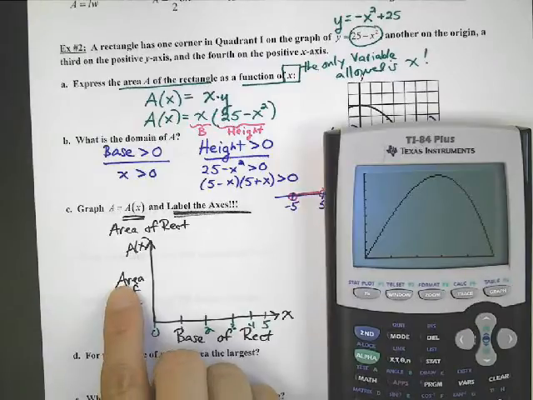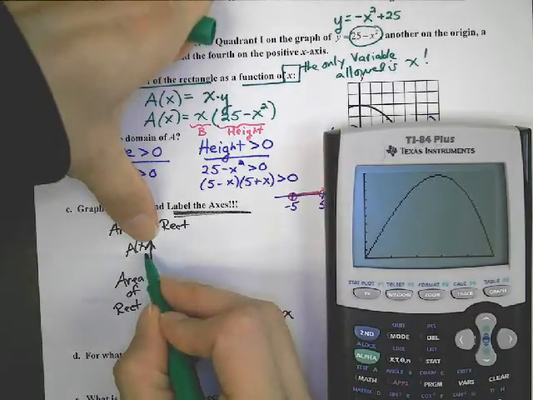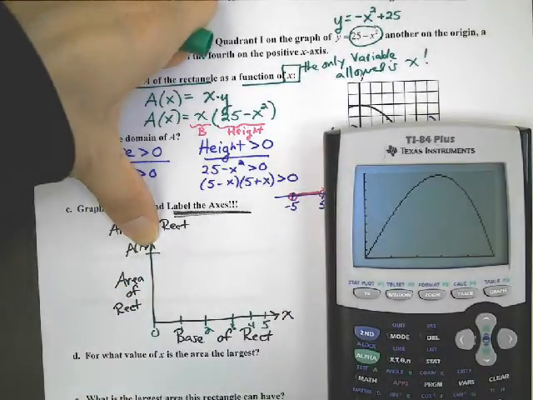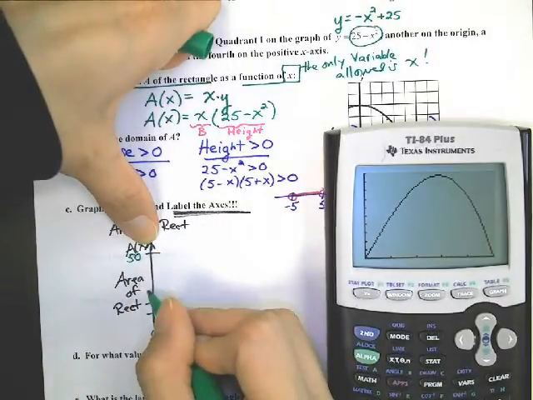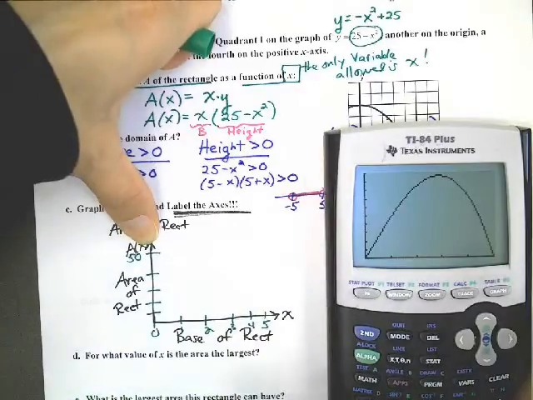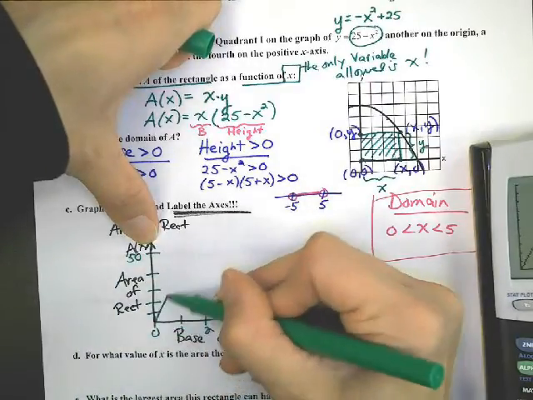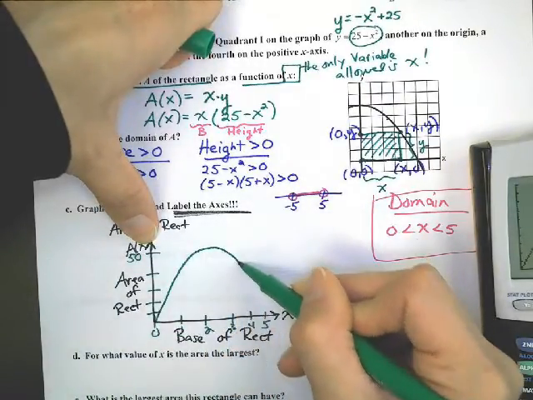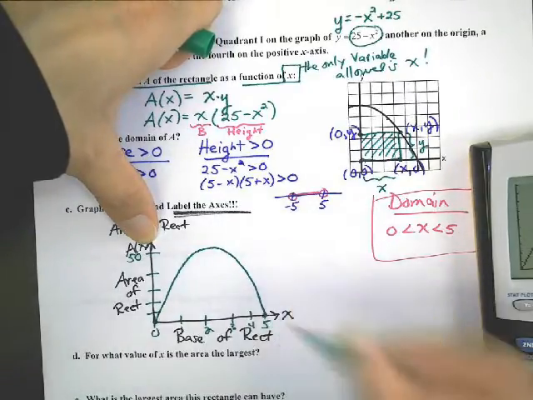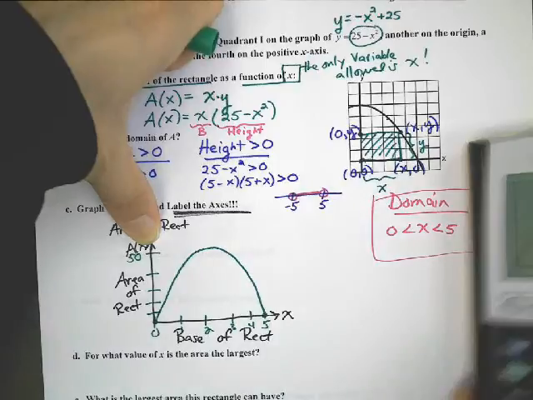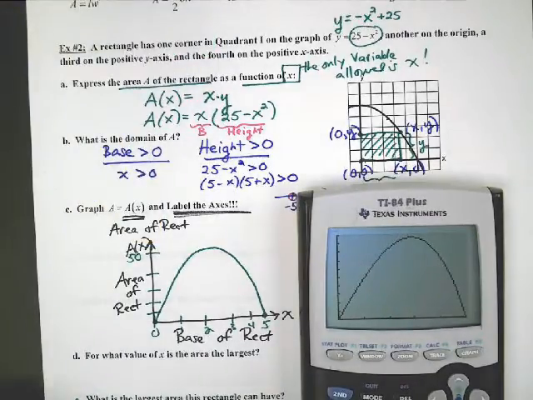And on your graph up here, you need to tell me how high you went. And I went as high as 50. 10, 20, 30, 40, 50. And then the picture looked something like this. From 0 to 5. Okay? So here's a really great graph representing the area.